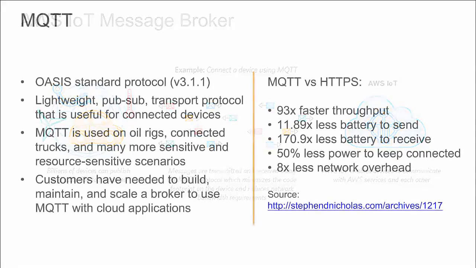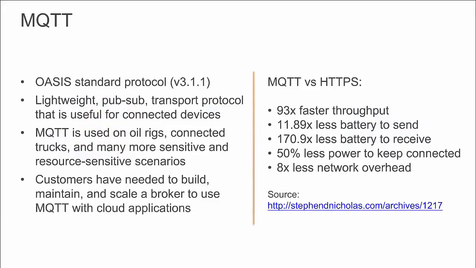If you're not very familiar with MQTT, this is a protocol, and I've already alluded to this a little bit actually. It's extremely popular in low power, lightweight device contexts, and the main reason for that is connection efficiency and battery efficiency. And you'll see some numbers there. It's 170 times lower power than receiving messages over HTTPS, and this is by virtue of the TLS mutual auth approach with the pre-shared keys that are used.